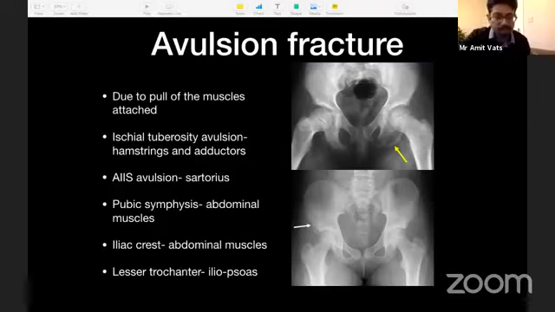Again, these are running and sport related injuries, usually in young teenagers, children in the age group of 10 to 16. Again, pubic symphysis may have avulsion because of abdominal muscle pull. Iliac crest, again, abdominal muscles, and iliopsoas, which is attached to the lesser trochanter.